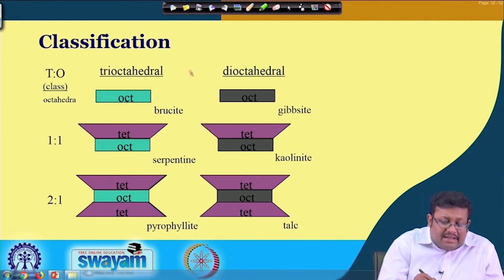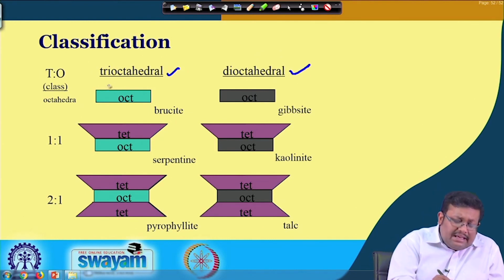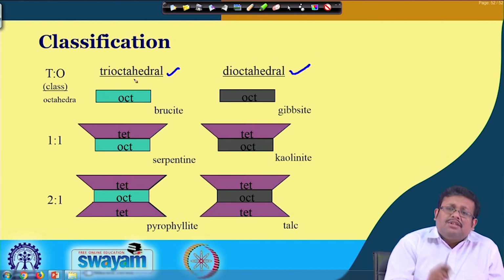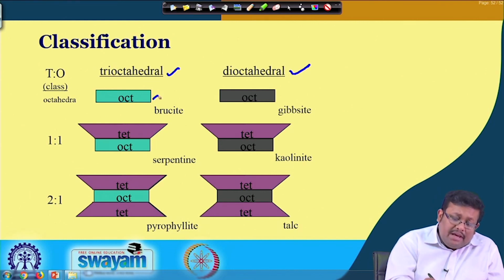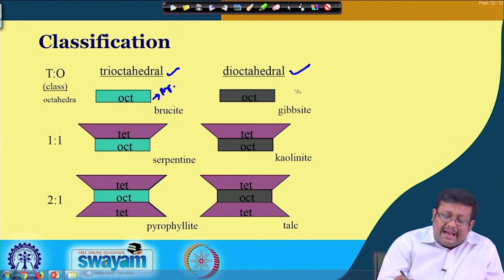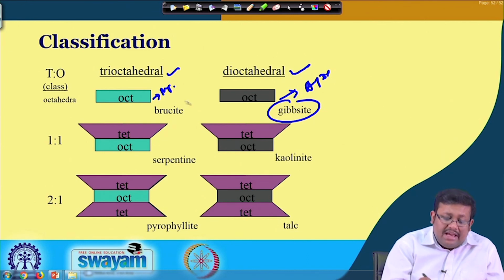The broad categories are trioctahedral and dioctahedral, and if a mineral only consists of an octahedral sheet, with no tetrahedral sheet, in case of trioctahedral it will be composed only of magnesium, and in case of dioctahedral structure it will be composed of aluminium 3+, as I have already told you.